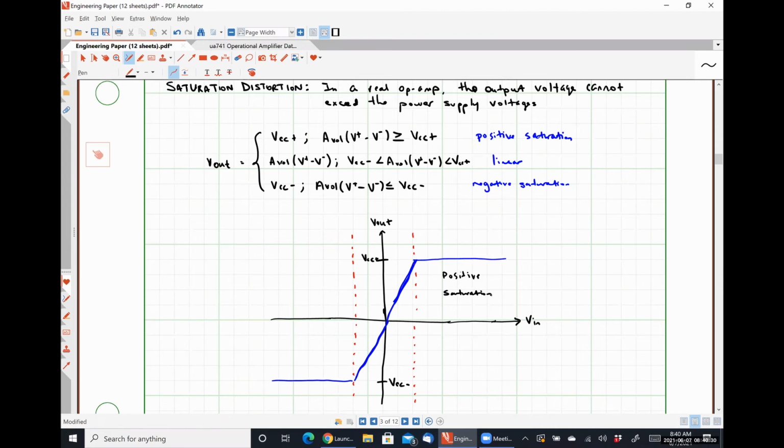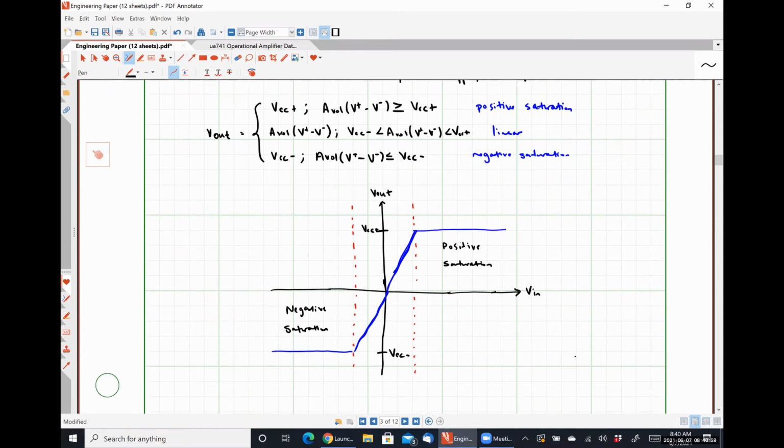So it's going to stay at VCC plus until we bring that input voltage to a place where the linear region occurs. Over here on the left-hand side, we are going to have negative saturation, as we talked about before. And then in the middle is our linear region, or our linear range. So let's mathematically define our linear range, okay?